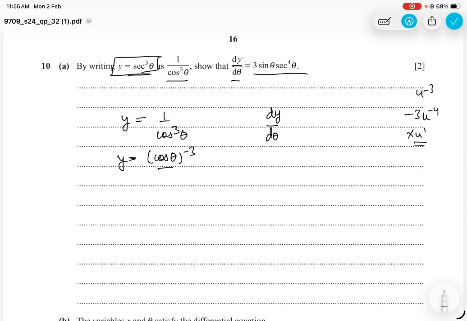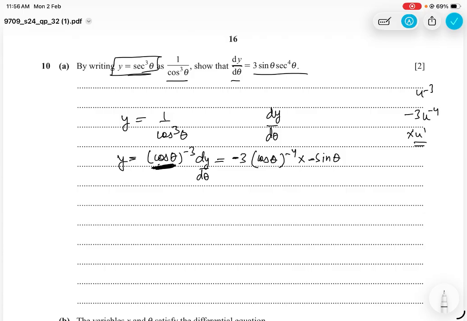Okay, you know the chain rule or not? Or do you want me to solve it? So this would be dy by d theta equals minus 3 u, which was cos theta, so cos theta to the power minus 4 times u dash. What was our u? Cos theta was our u, and what is the differentiation of cos theta? That is minus sin theta. So we are applying the chain rule.